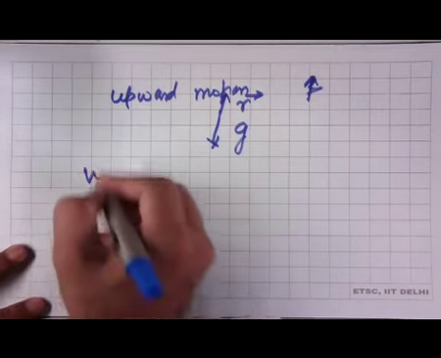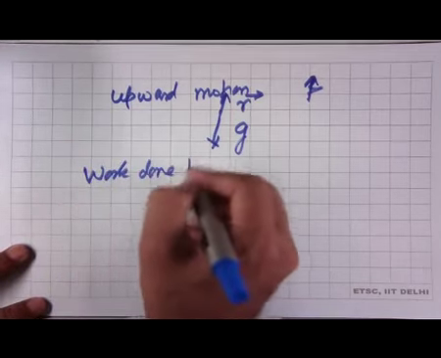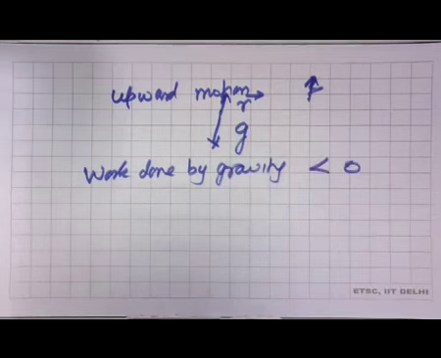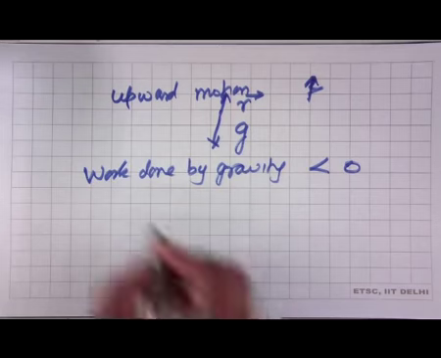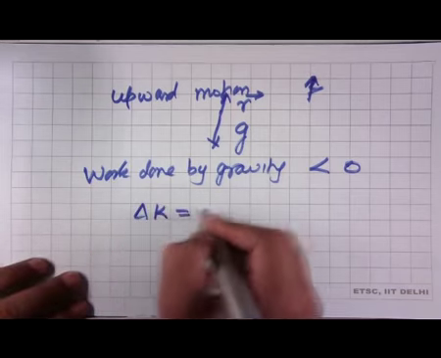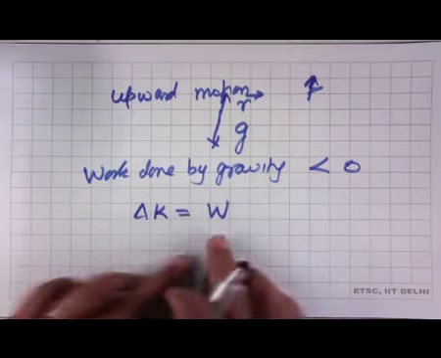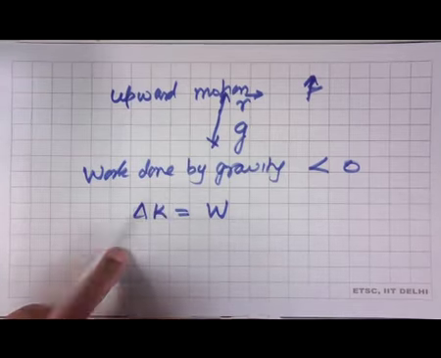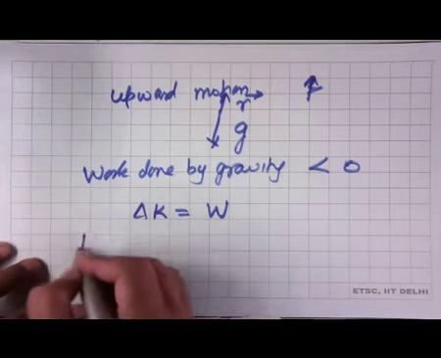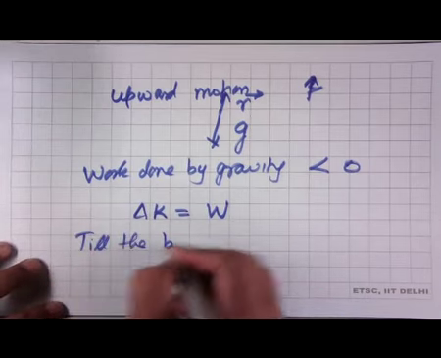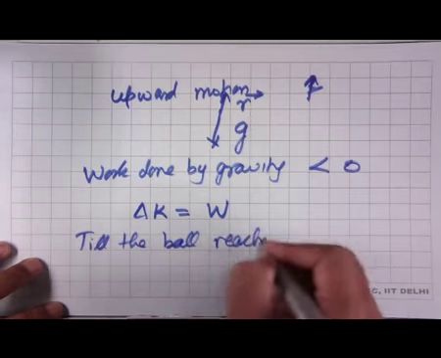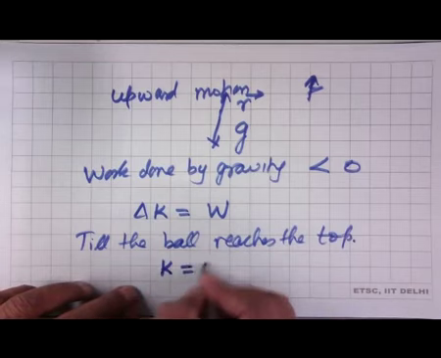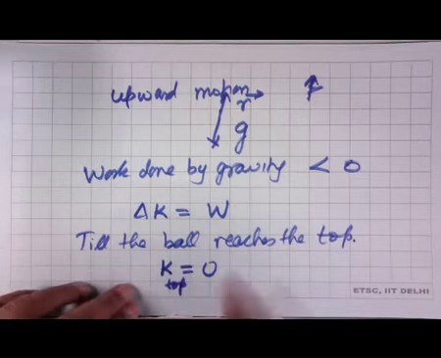So, therefore, the work done by gravity is negative, and that is why we have change in kinetic energy equal to work done. So, if work done by gravity is negative, then the kinetic energy reduces, and this happens till the ball reaches the top. At the top position, kinetic energy becomes 0.